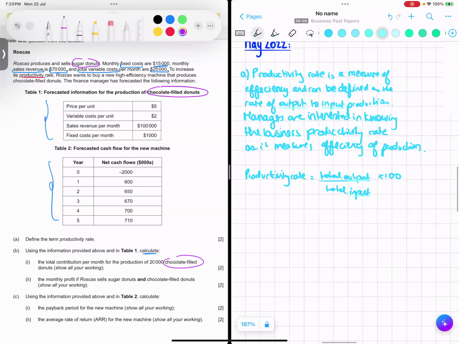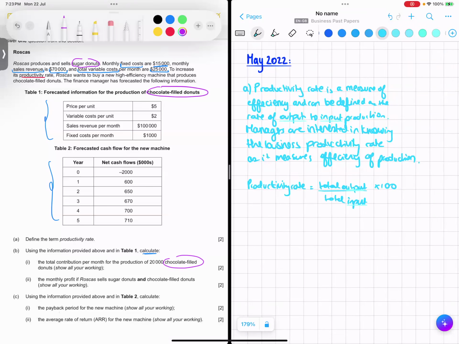So to continue with our calculations, we want contribution. I just want to explain contribution. Contribution is what is contributed to pay for fixed costs.